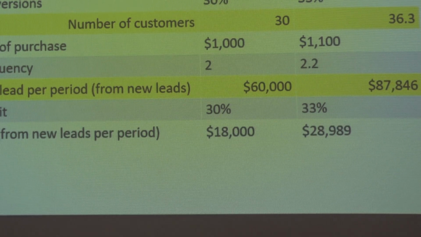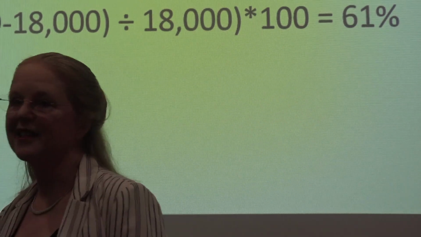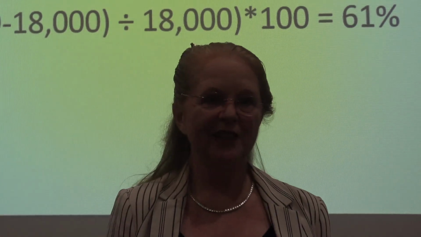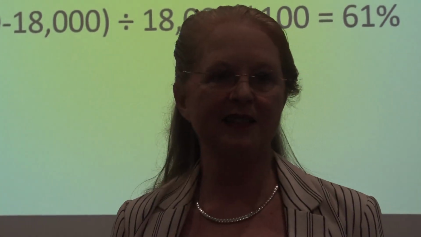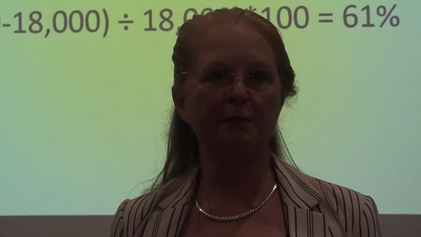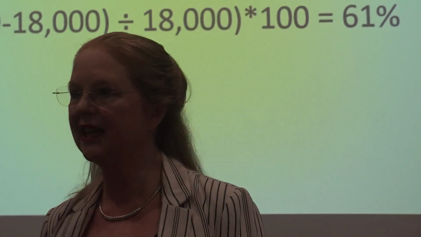Altogether, that has taken the profit on these numbers from 18,000 to nearly 29,000. Hence, you boost all 5 by 10%, and your bottom line profit has gone up by 61%.